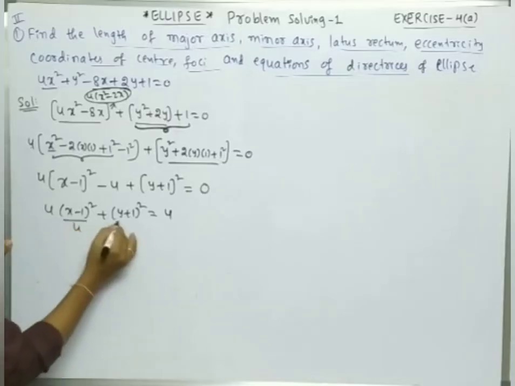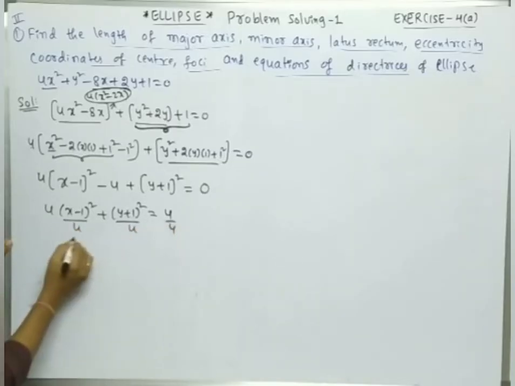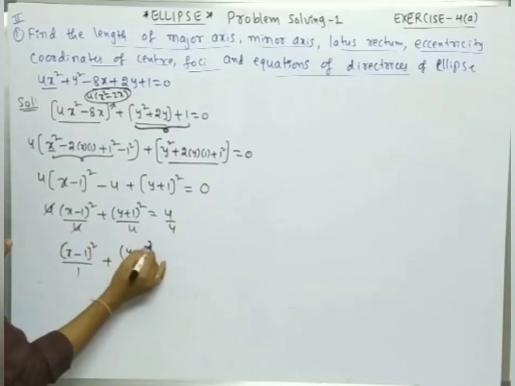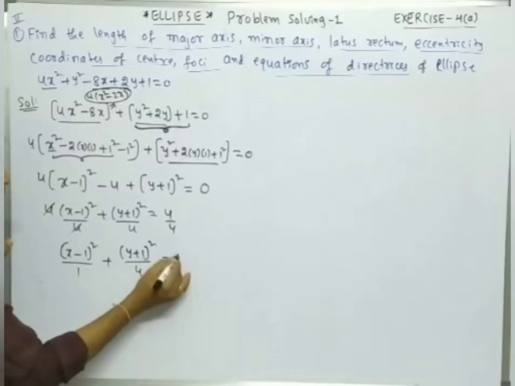Divide all terms by 4. You will get x minus 1 whole square by 1 plus y plus 1 whole square by 4 is equal to 1.